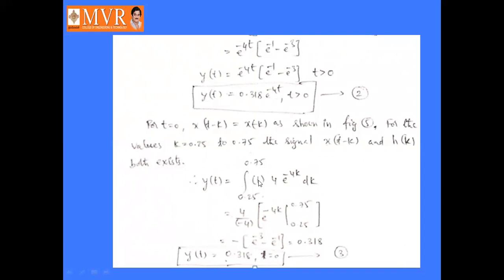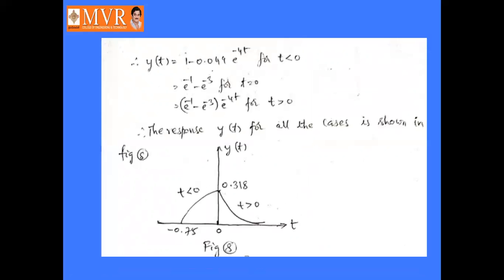So it is 0.25 to 0.75, 1 into 4 into e power minus 4k dk. So it is 4 by minus 4 into e power minus 4k with limits 0.75 and 0.25. By simply substituting, we can get the y of t value as 0.318 for t equal to 0. That is equation number 3.